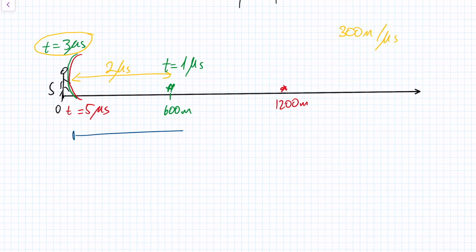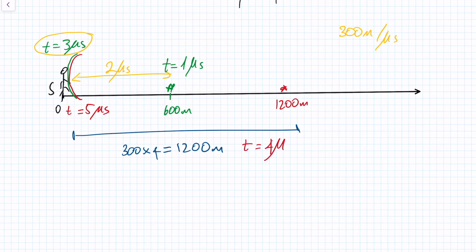Now let's look at the second one. That was 1200 meters. Since light travels 300 meters per microsecond, we multiply that by 4 to get 1200 meters. That means it took 4 microseconds for light to reach the origin from 1200 meters, but the person observes that at t equal to 5 microseconds.